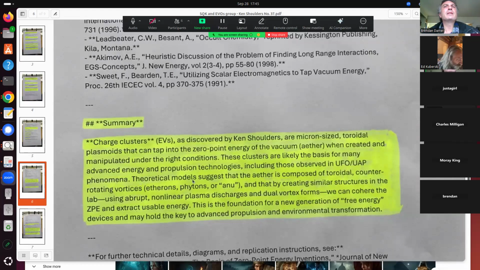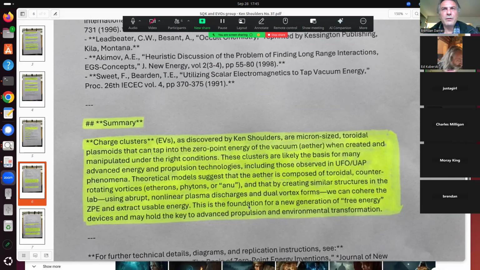Theoretical models suggest that the ether is composed of toroidal, counter-rotating vortices, etherons, photons, or ANU, and that by creating similar structures in the lab using abrupt nonlinear plasma discharges and dual vortex forms, we can cohere the zero-point energy and extract usable energy.